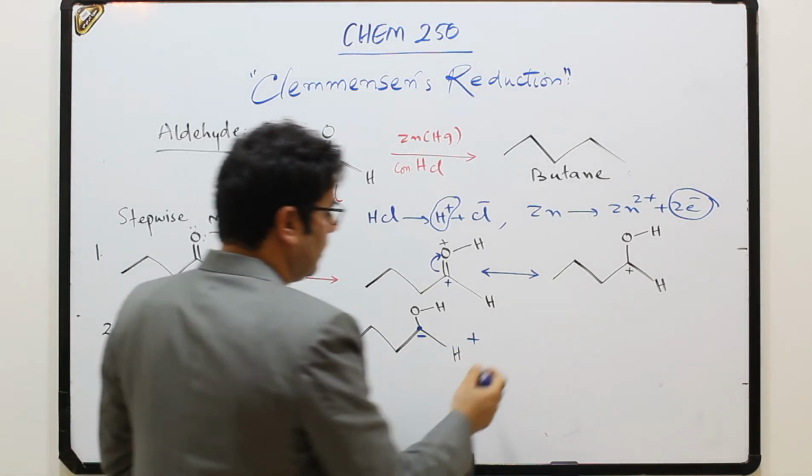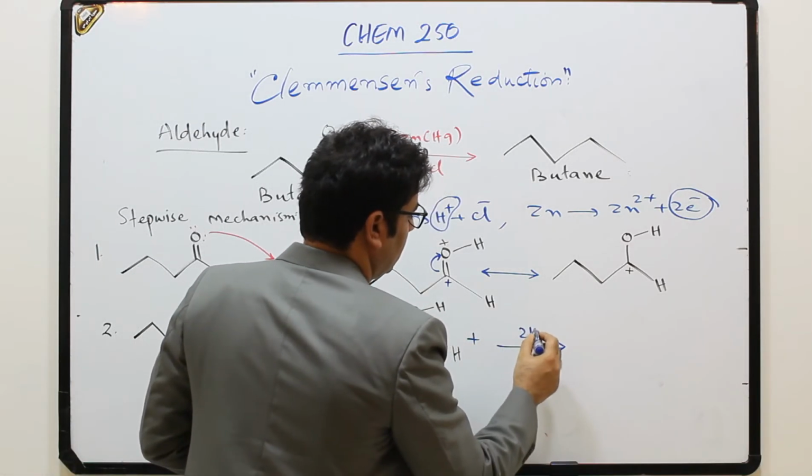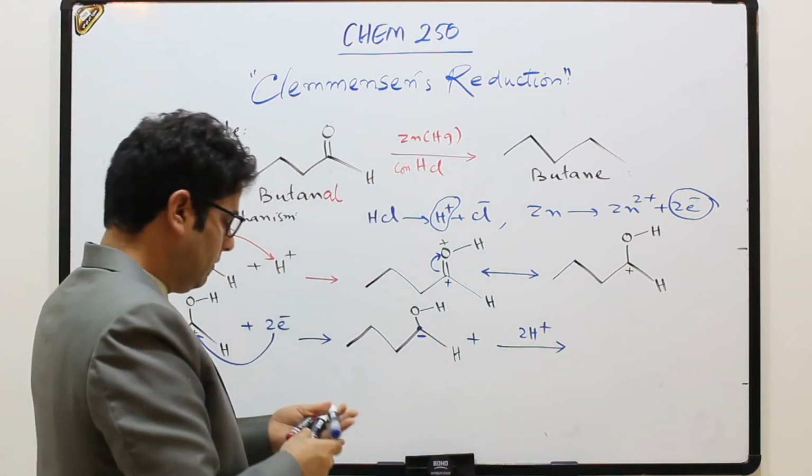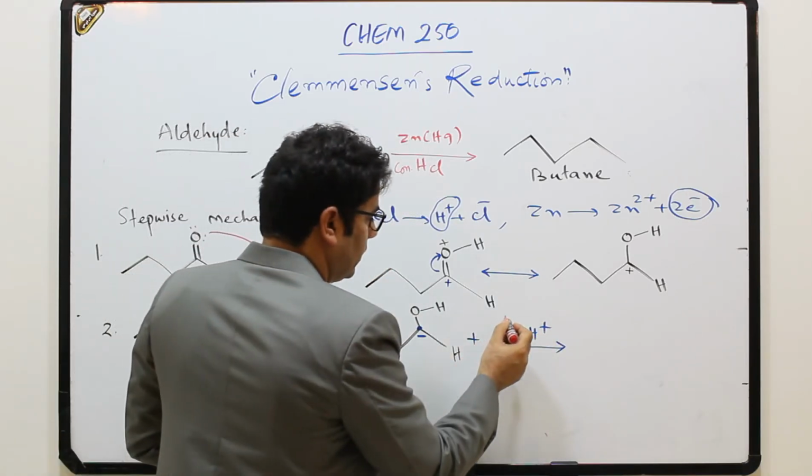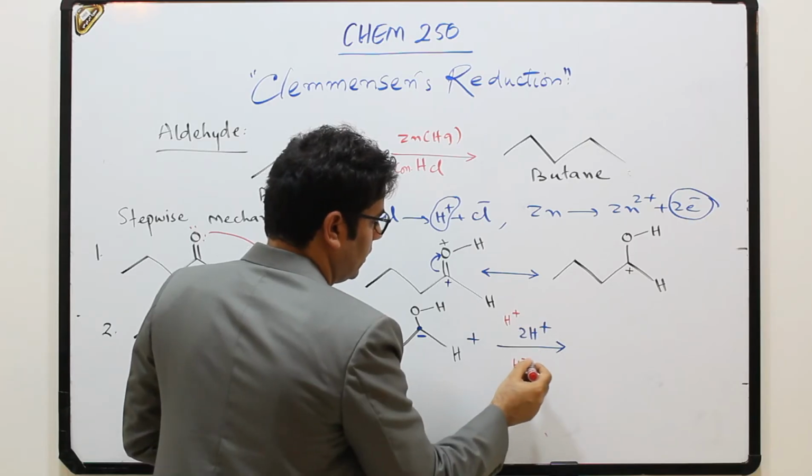So after this, what will happen? 2 hydrogens from the acidic medium, from HCl. So suppose 1 hydrogen is here, 1 hydrogen is here.